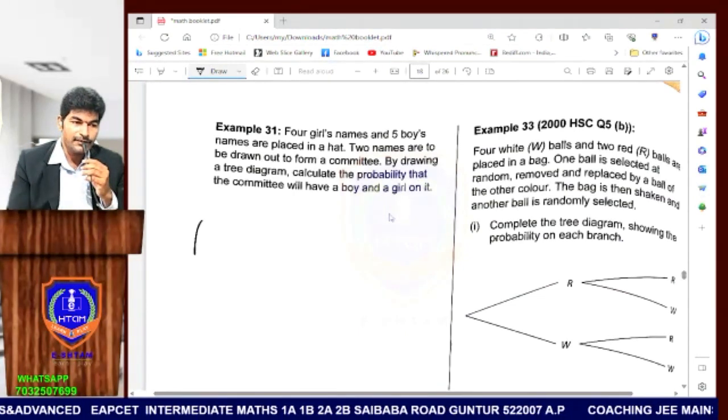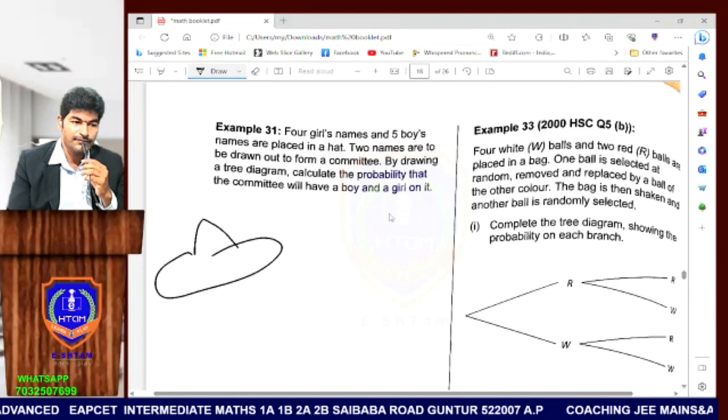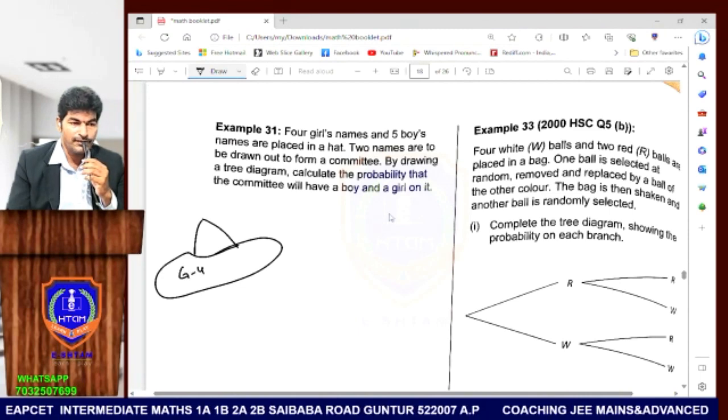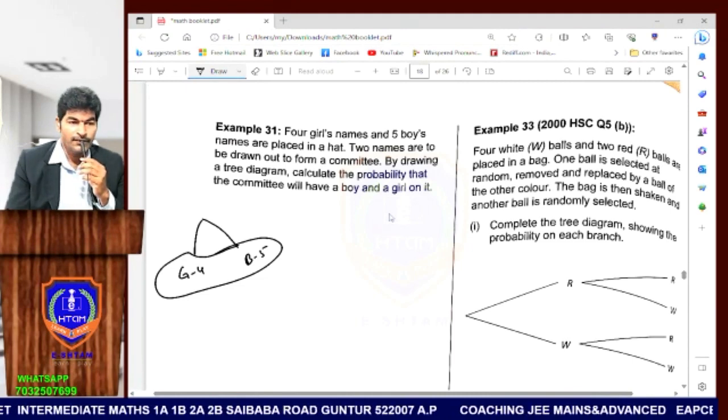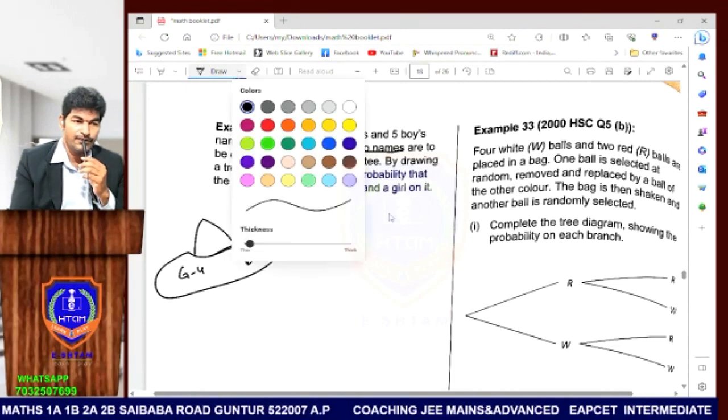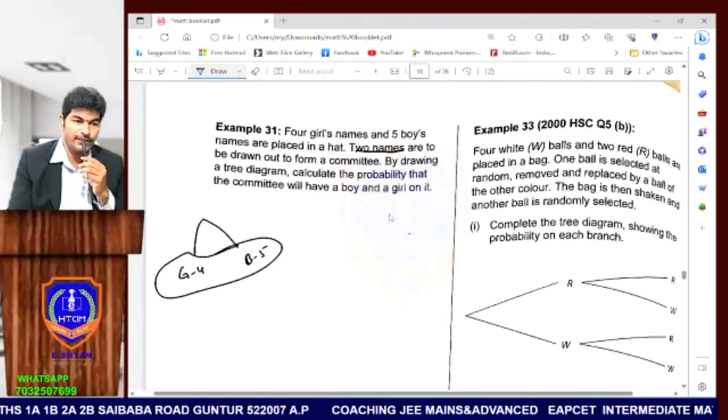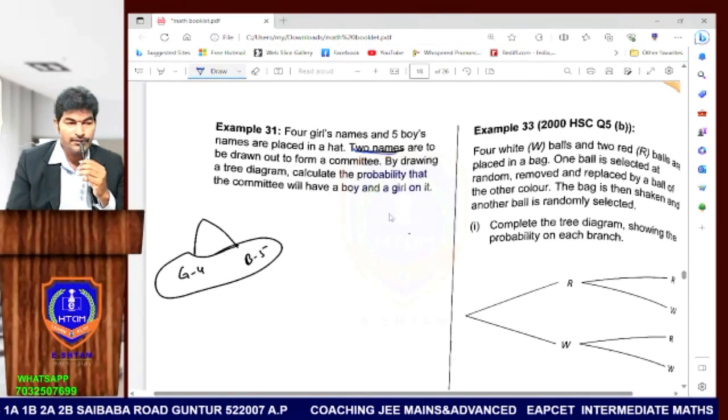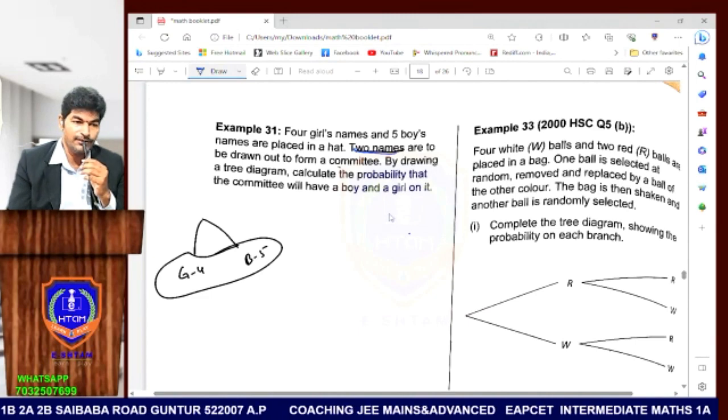So it is a hat. 4 girls names and 5 boys names are placed. 2 names are to be drawn out for the committee. 2 names are required for making a committee. 2 persons are required for making a committee.